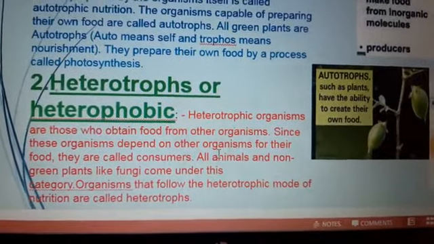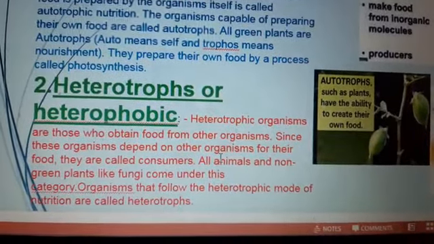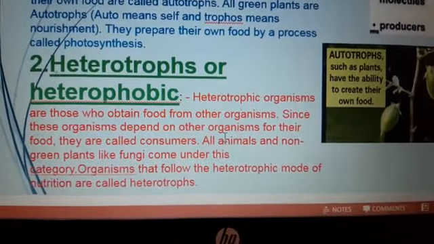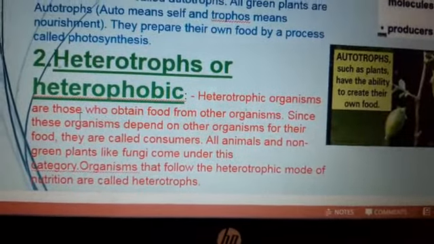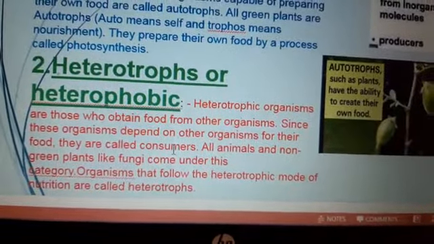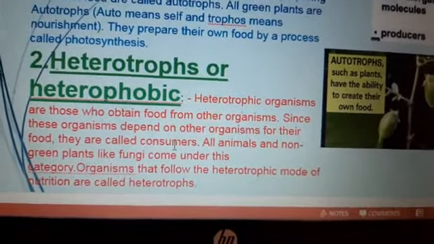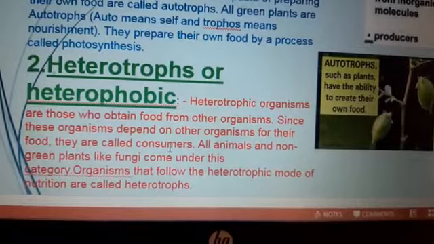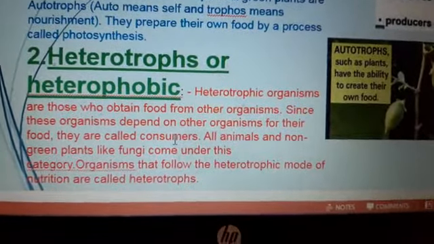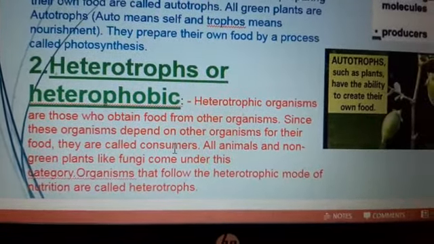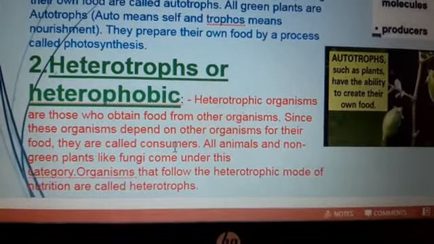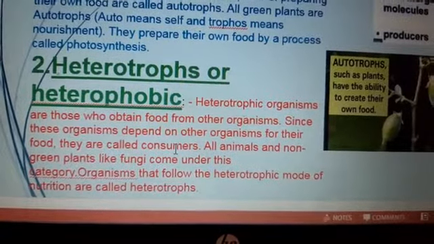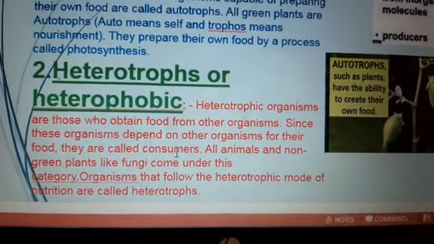They are not capable of making food themselves. Since these organisms depend on other organisms for their food, they are called consumers. Consumer means they consume. All animals and non-green plants like fungi come under this category. The heterotrophic mode is found in non-green plants, fungi and all animals. Humans are also heterotrophs.